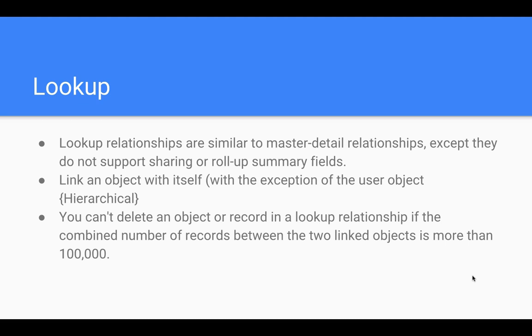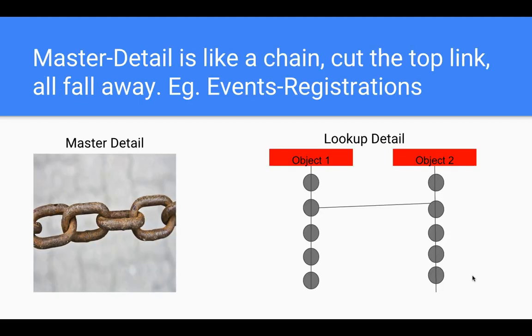So this is some small little fact that might pop up in the exam, but let me show you a visual of this, okay? A master detail relationship is like a chain, all right? And each of these pieces are linked to one another. So if you change anything at the top, the rest of the links will break. But a lookup relationship, on the other hand, has two separate objects.